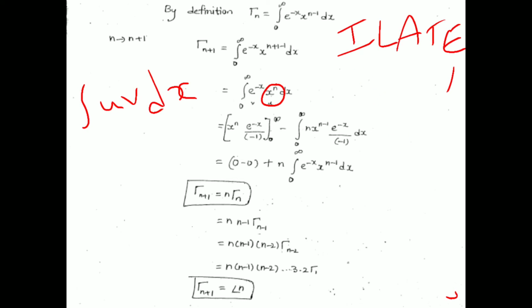Based on this, in the place of u we have x power n. So it is x power n into the integration of v dx, where v is e power minus x.